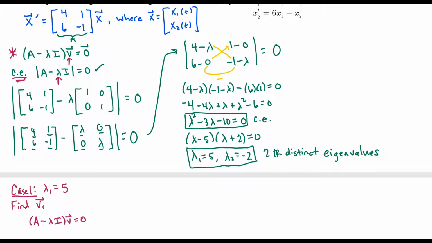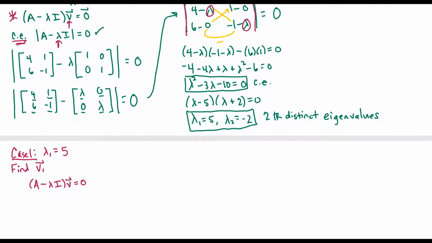A minus lambda I, notice, is what we have inside this determinant right here. So I'm going to plug 5 in for lambda in those two positions. Okay, so we're going to have matrix A minus lambda.